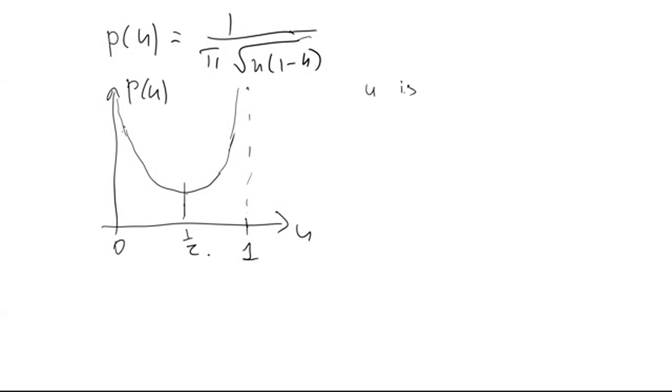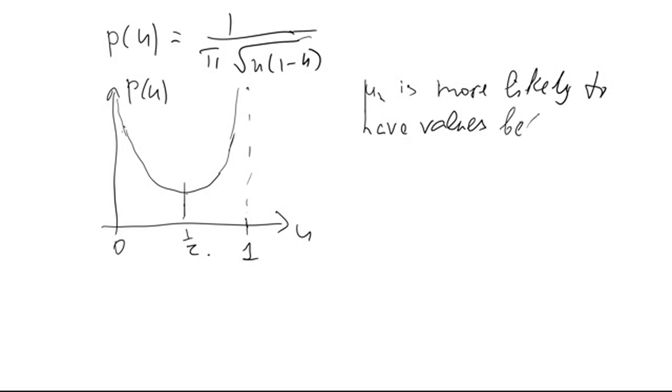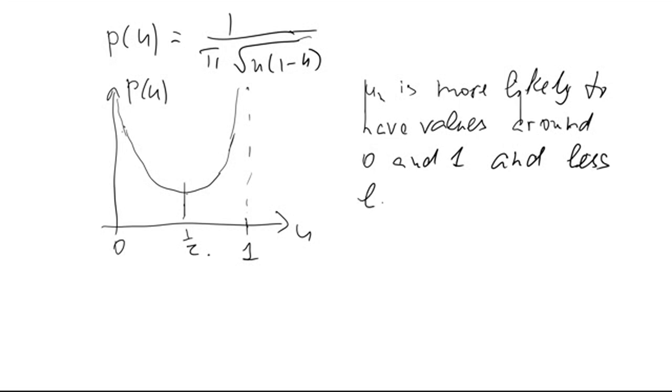Un is more likely to have values around 0 and 1 and less likely around half.